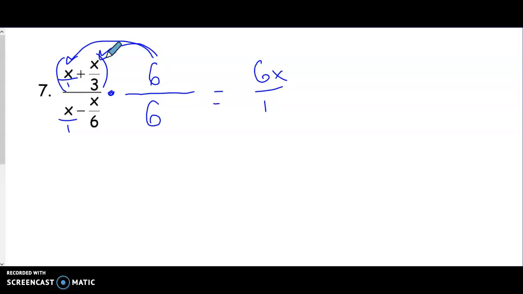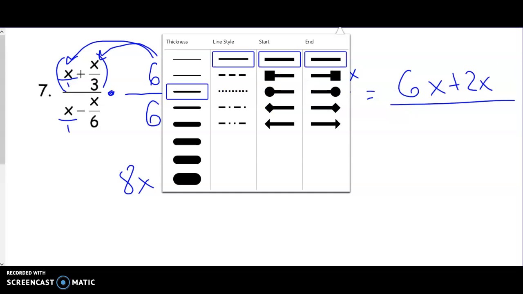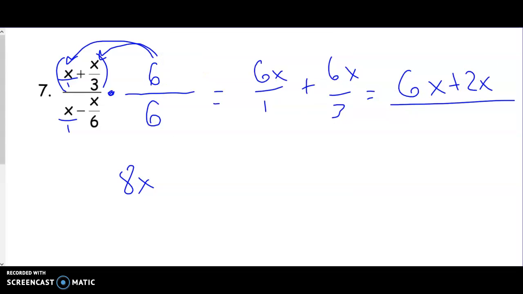right here as well, 6x over 3, resulting in 6x plus 2x, I'm sorry. And the top is just 8x. On the bottom, we'll do the same thing.